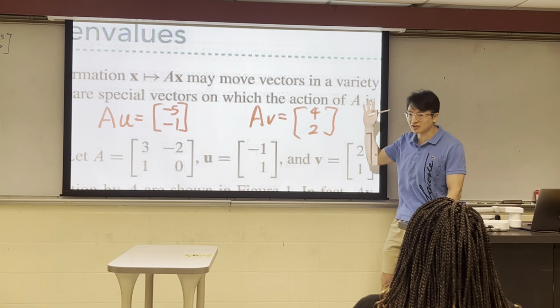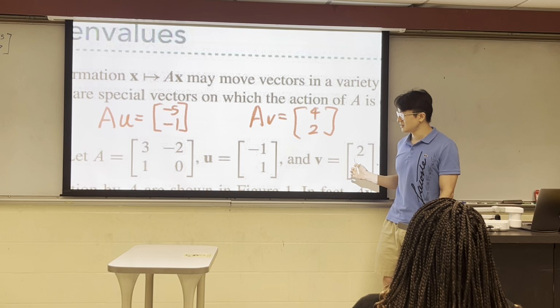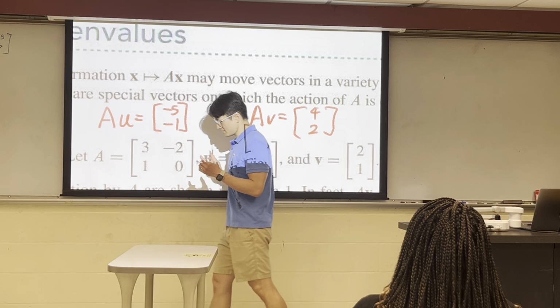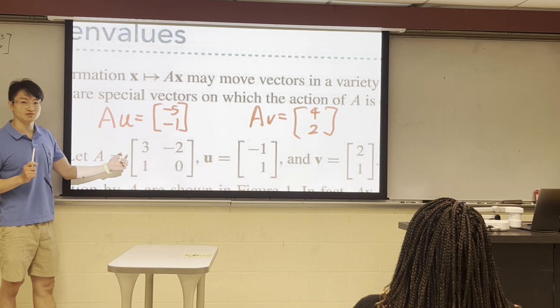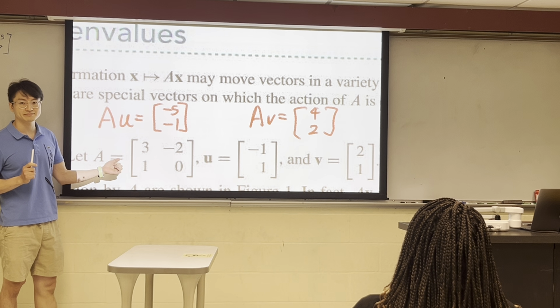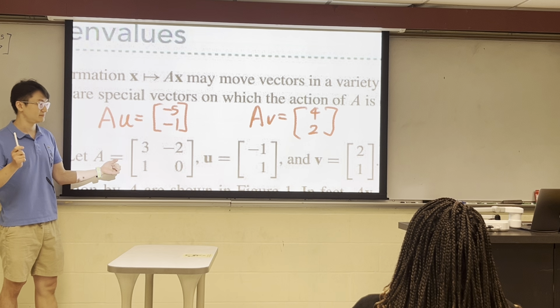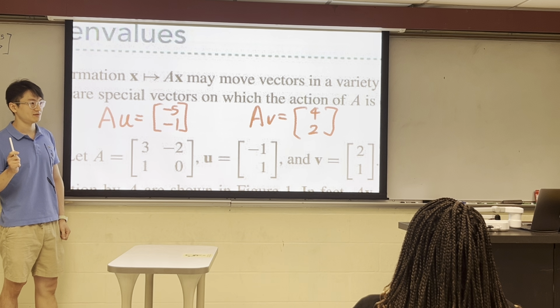So what is A doing? I give you a random vector U or V, and I want you to multiply A times U. What does it do? Essentially, it acts like a scalar on each of those U or V. Good.